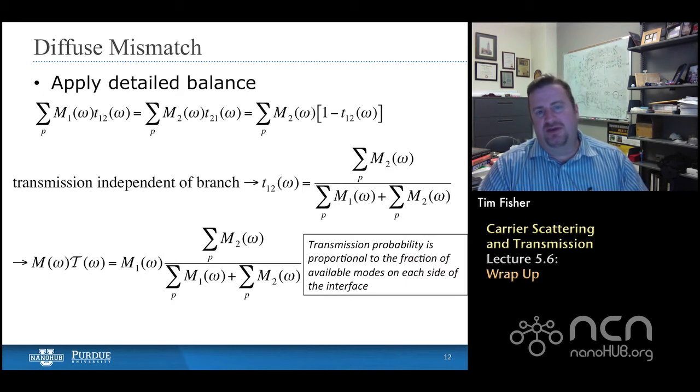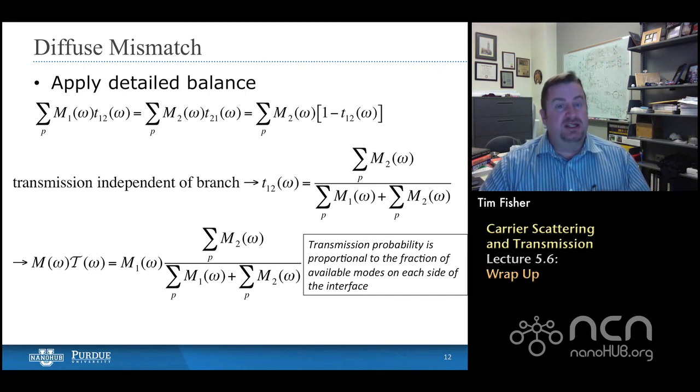The second kind of interface model, it's a little bit easier to understand. What we did was we applied the principle of detailed balance, which simply says that if the temperature of my two reservoirs is the same, then I can have no net heat flow between the reservoirs through the device. And when we apply that principle, a really neat result came out.